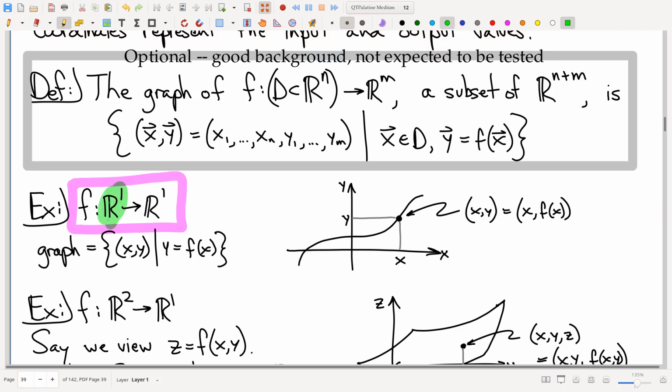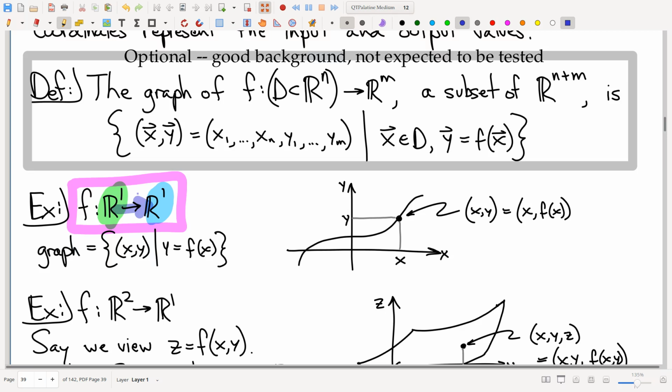There's the domain, there's the target, and there's the rule of assignment, the rule that tells me how to take an input and produce an output, typically a formula. Right? And notice, in that function, I've established the input and output spaces, the domain and the target.